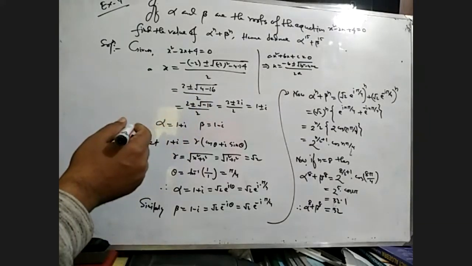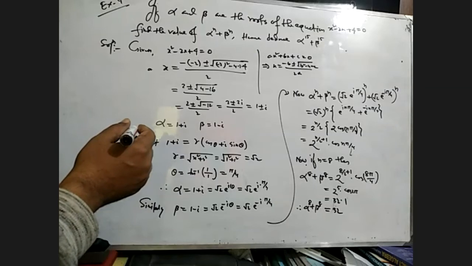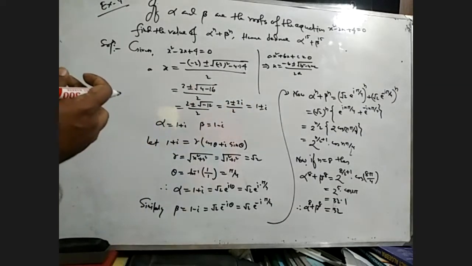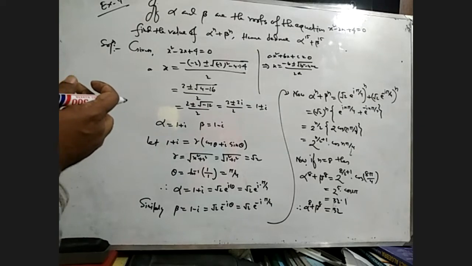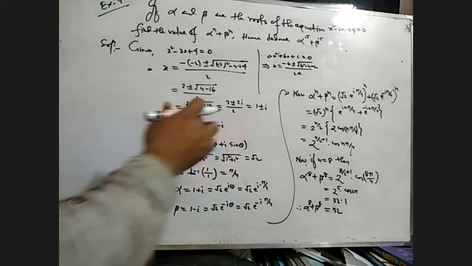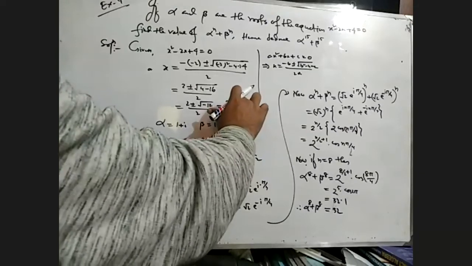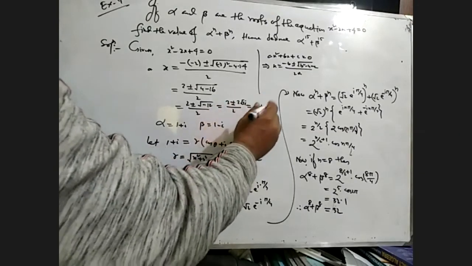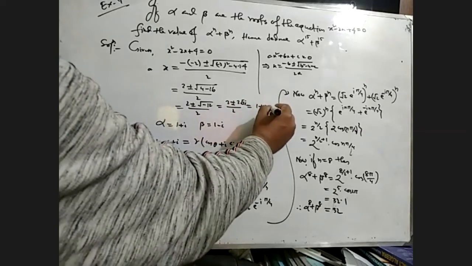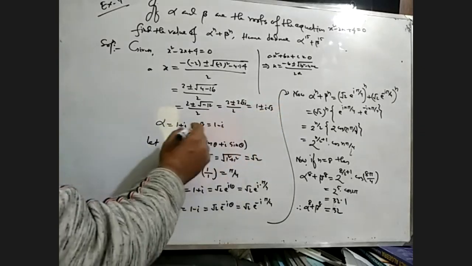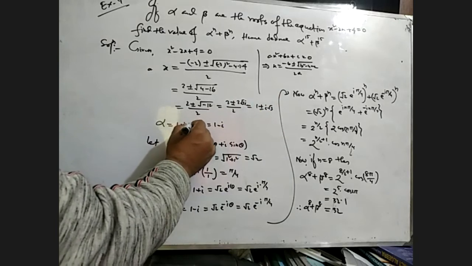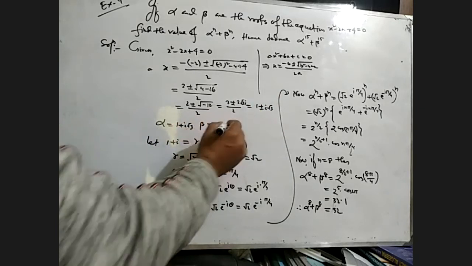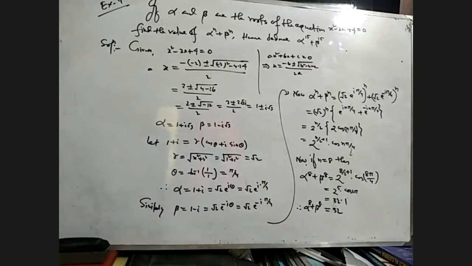So 4 into 3. This will be 2 root 3 i. So the roots are: one is 1 plus i root 3, another one is 1 minus i root 3.